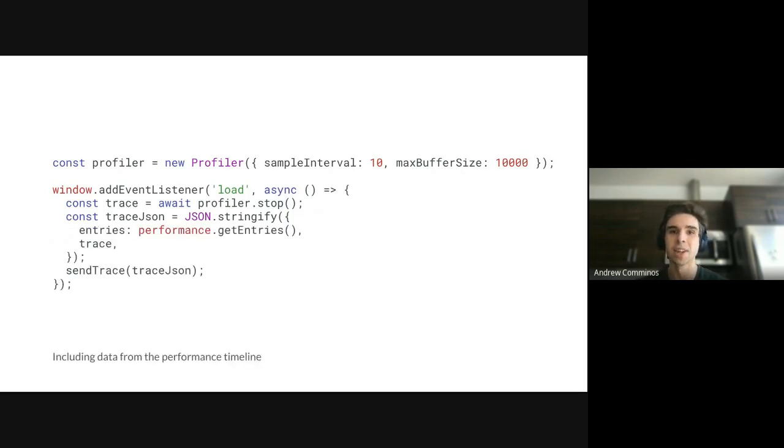Event timing is a very popular companion to this API that we've been seeing, and it's particularly useful for debugging input latency. Up here is a quick example of how we can collect some data along with the trace and send it over. It shares a time origin with the profiler samples, so you can easily cross-correlate them and present them in a unified tracing view.